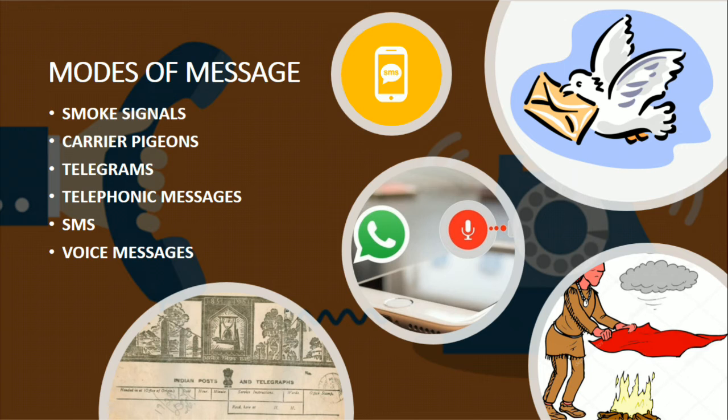And next is telephonic messages. It means a message transmitted by telephone. Next mode of message is SMS. It means short message service. It is a text messaging service, right?